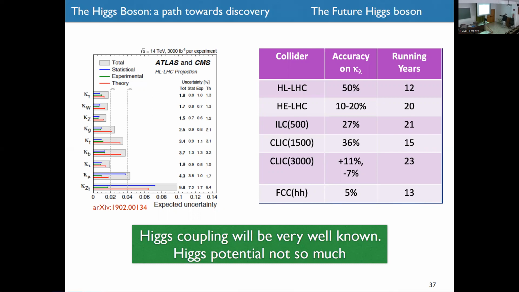Unfortunately, for the kappa lambda, the Higgs potential, things look a little bit more bleak. Still, high luminosity can tell us something at about 50%. That is much better than the 800% that we have now. But in order to look for precision, we really need the FCC. Now, I need to say that this prospect, not prediction, is actually a couple of years old.